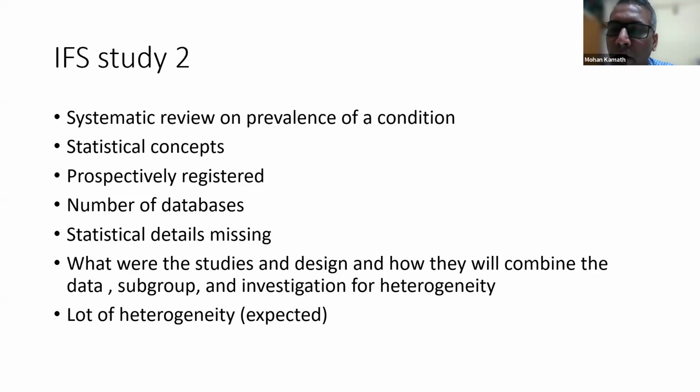Non-Cochrane reviews are usually registered with Prospero, which is University of York. Anybody can register and lay down how they are planning to do the systematic review, because systematic reviews are normally retrospective work. It's never prospective. It's going to look only into older studies, not into the future.